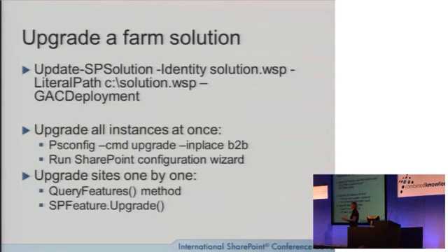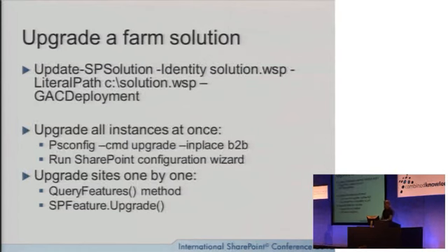In order to do that in a farm solution, we have two choices. We can either use psconfig or run the configuration wizard, which means you will take down your farm for a while because you have to run that. And you will do an in-place upgrade, and this means build to build. So if you're going to the next version of SharePoint, this will be version to version, but for an upgrade of your features, it will be build to build.